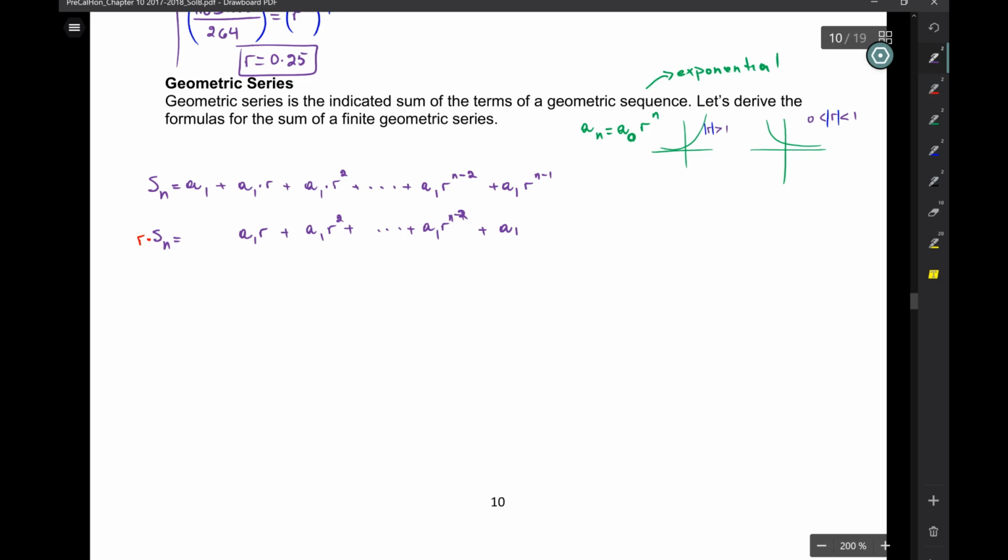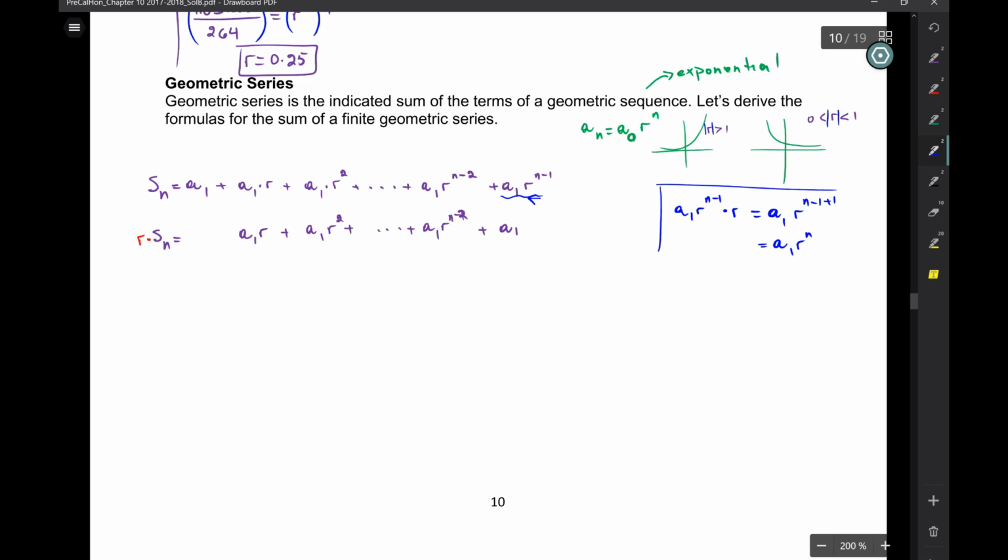Let's start multiplying from the back. If I multiply the last term by r, I get a_1 r to the n minus 1 plus 1, which is a_1 r to the n.